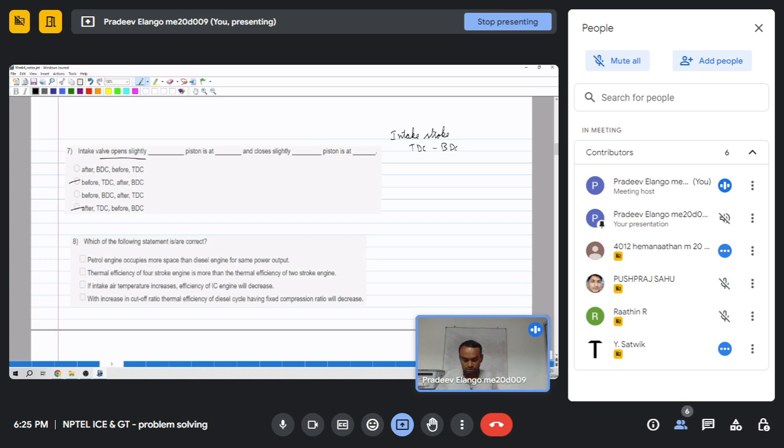But for practical reasons, we always open slightly before TDC and then close it after TDC. Why? Because during the suction TDC, the exhaust gases are also moving out, right?